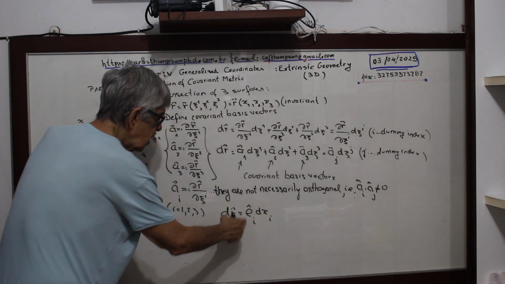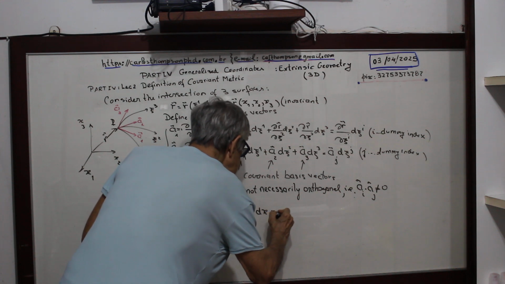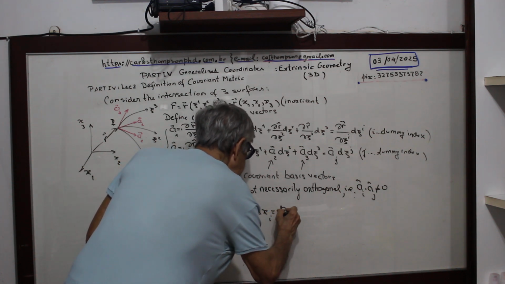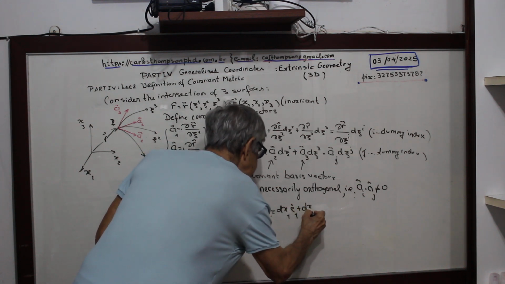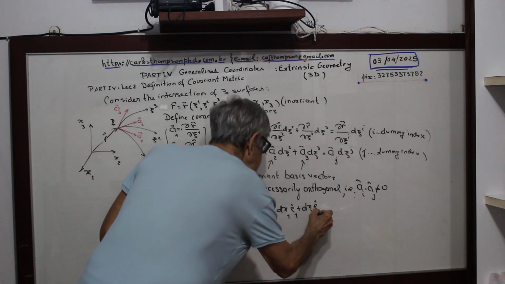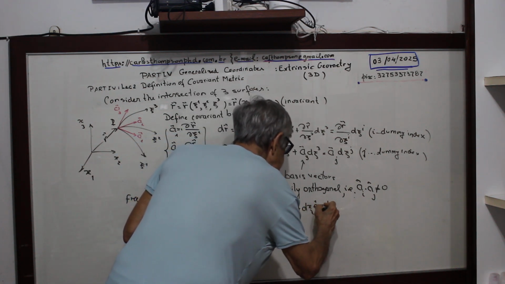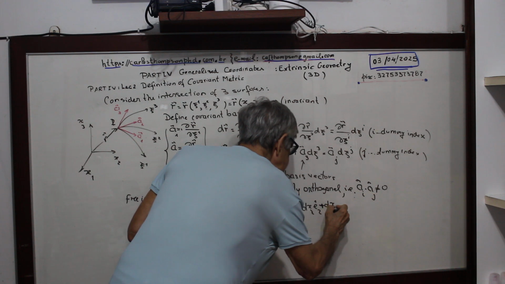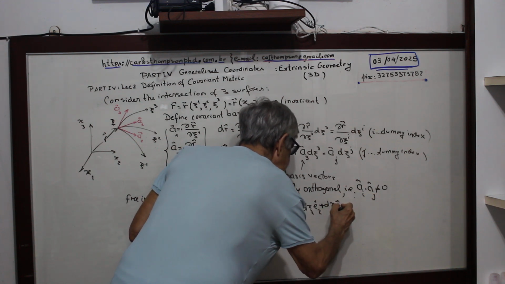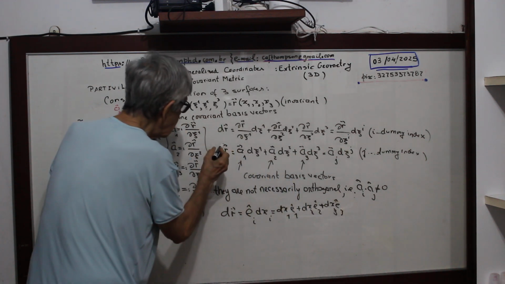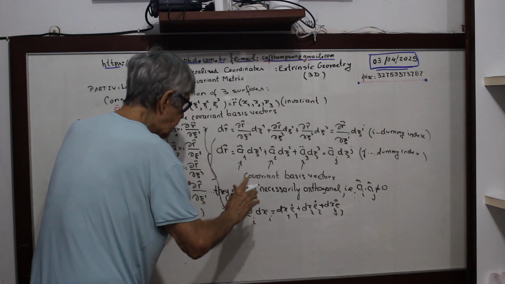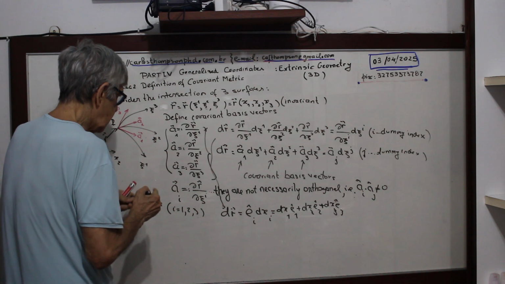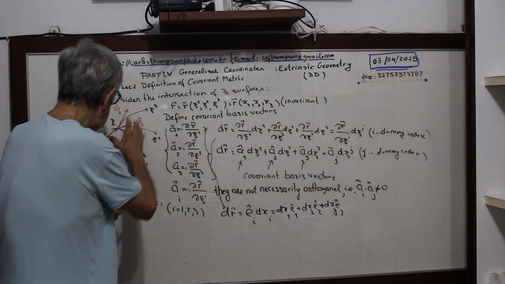You see, dr. If you expand this, this will be dx1 E1 plus dx2 E2 plus dx3 E3. You see, also, you can look at here, okay? This is also invariant.